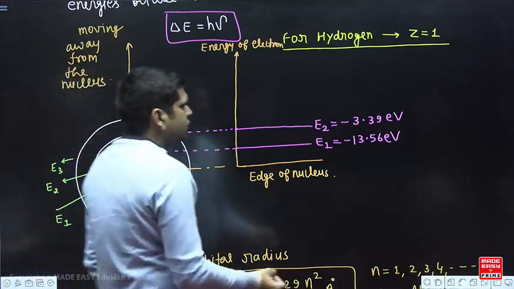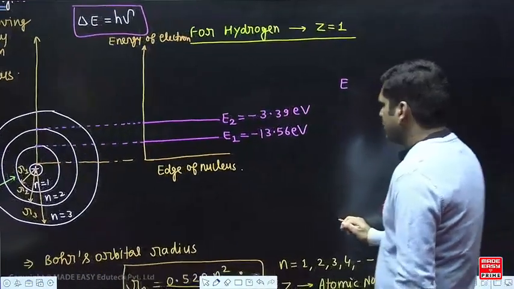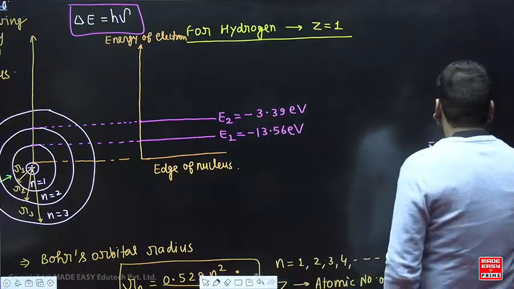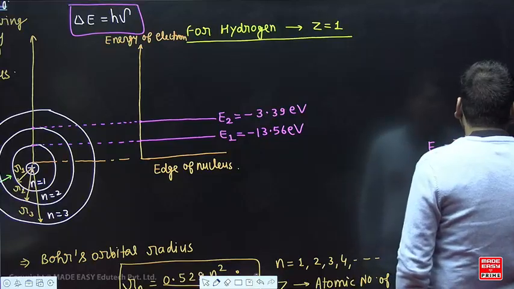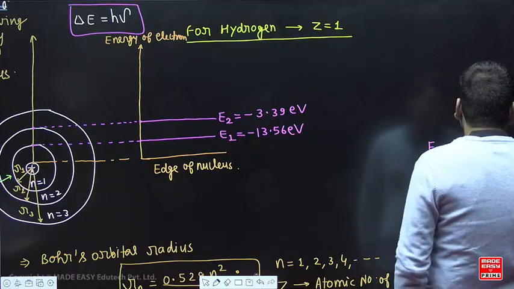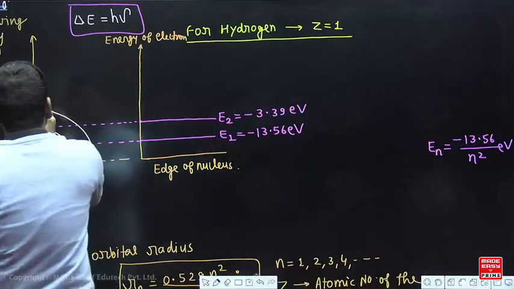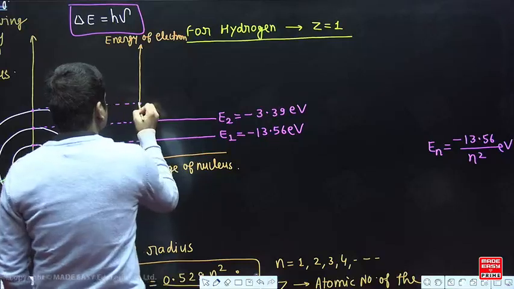In which formula? I told you the formula to calculate the energy: En is minus 13.56 Z square upon n square electron volt. So for n is equal to 2, you will get this value. Let us suppose we put n is equal to 3.